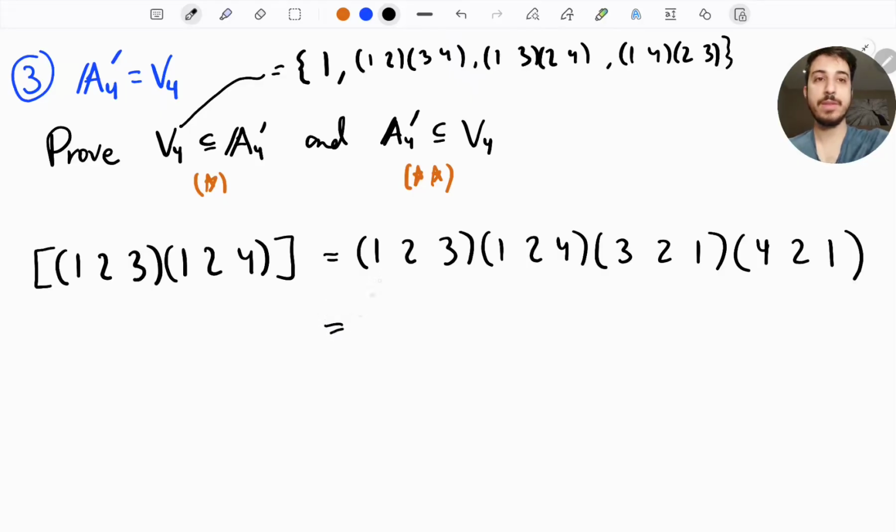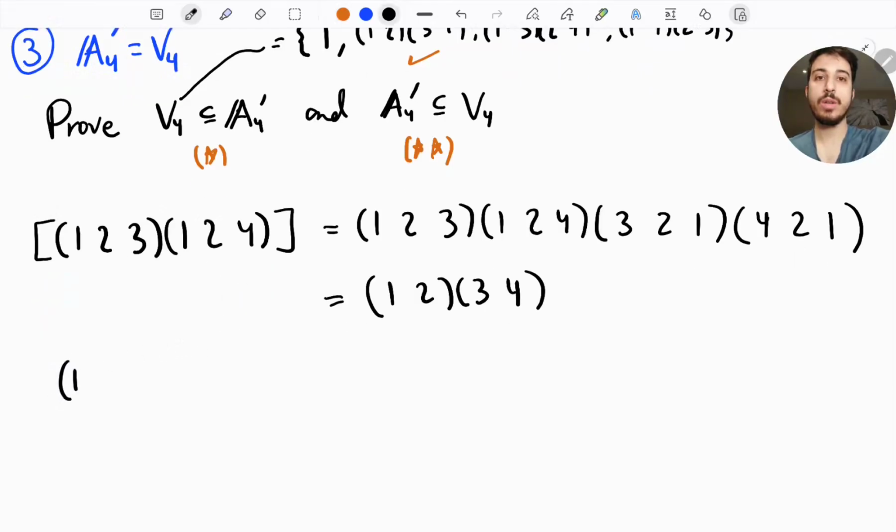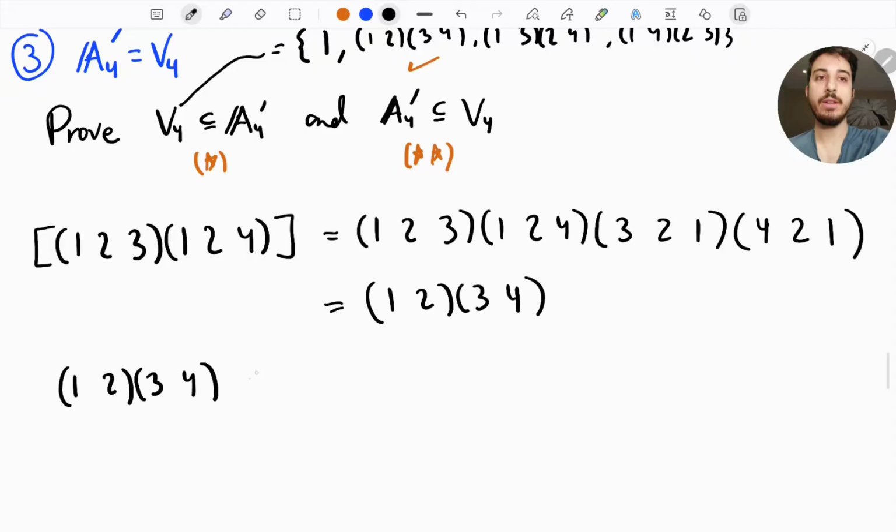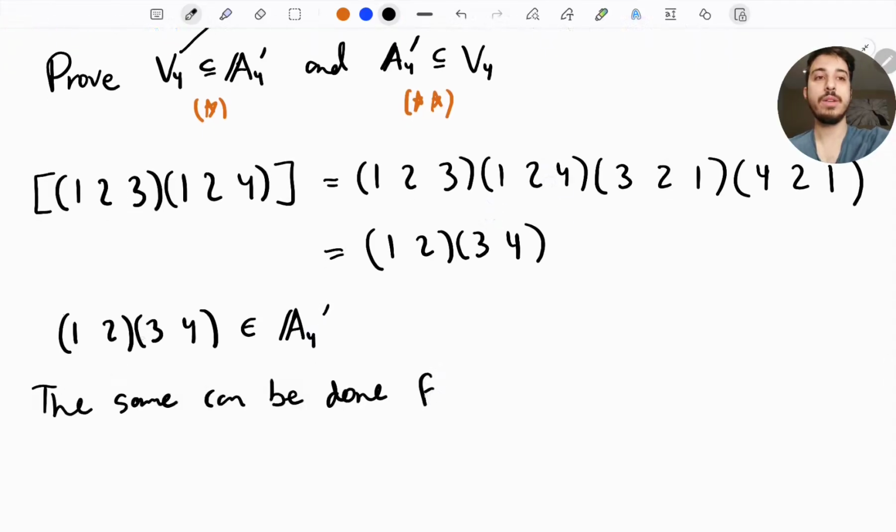And this equals, after some calculation, (1 2)(3 4). So already we can write the first element of V4 as the commutator of some product of 3-cycles, so (1 2)(3 4) is included in A4 prime.